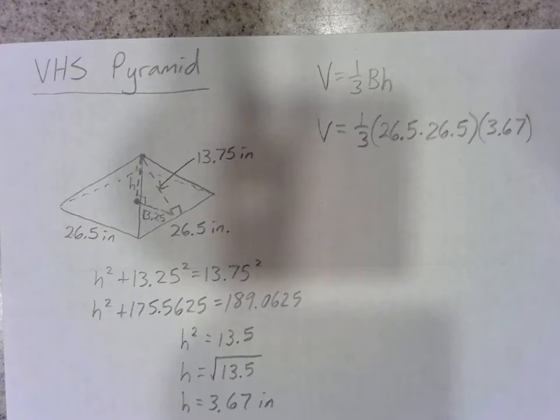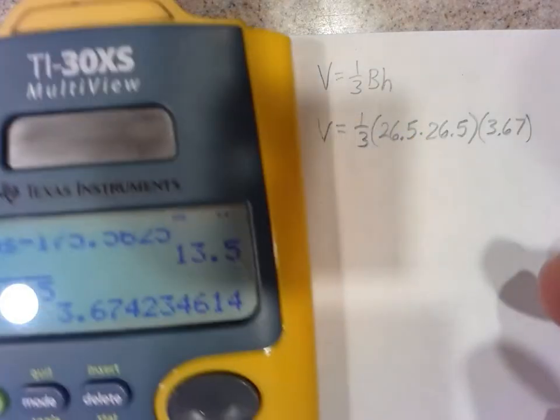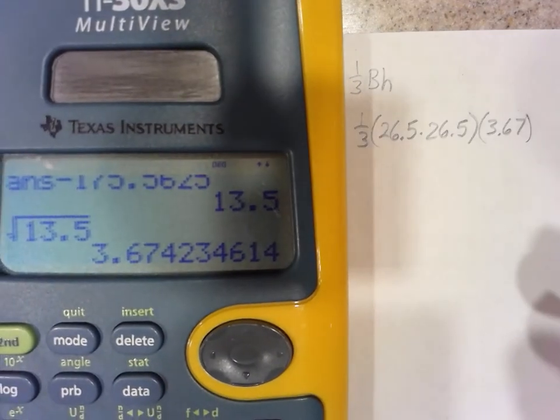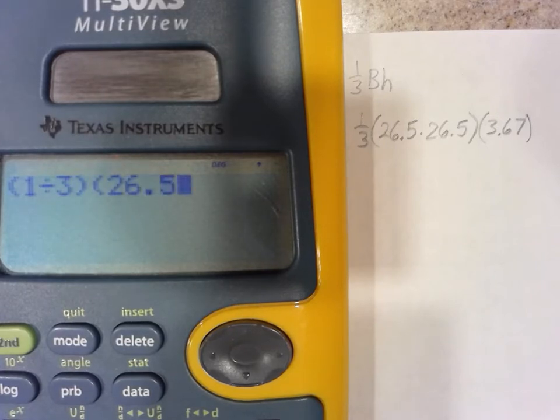So now I go to the calculator and type in 1/3 times 26.5 times 26.5 times 3.67.